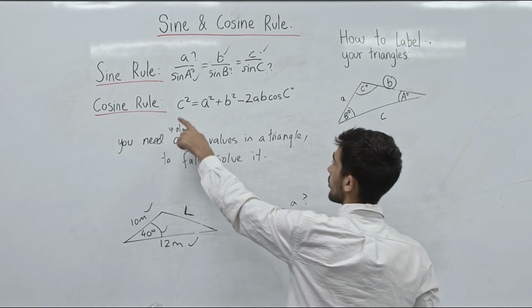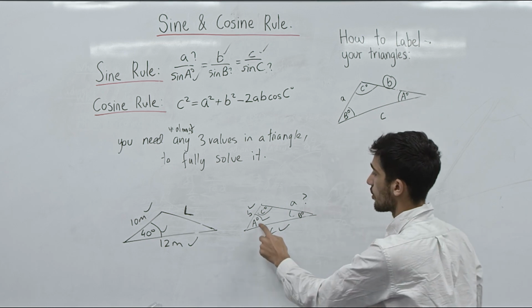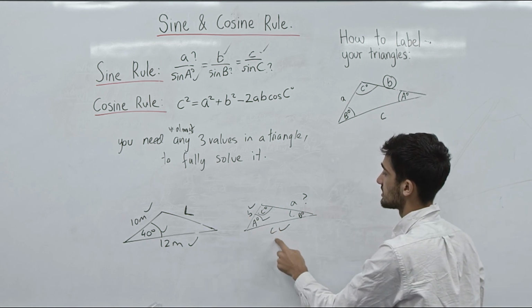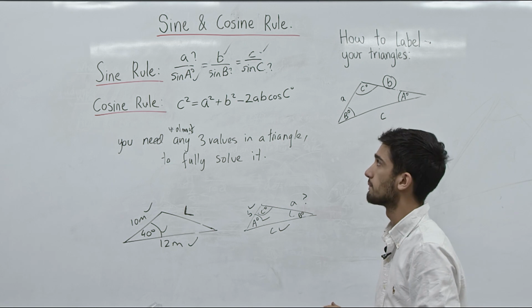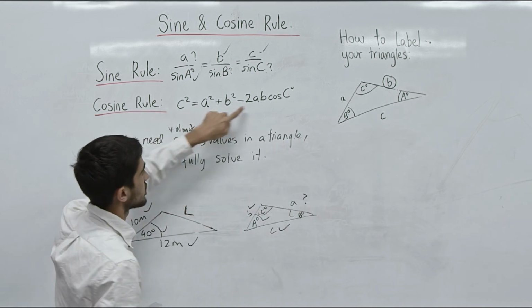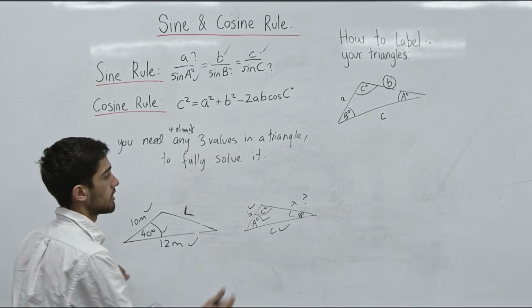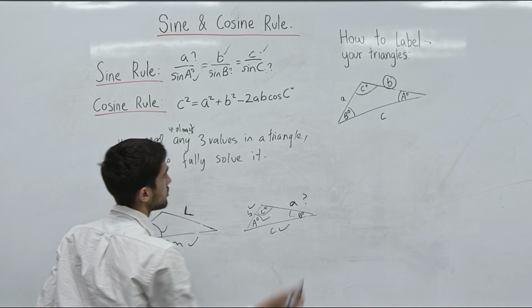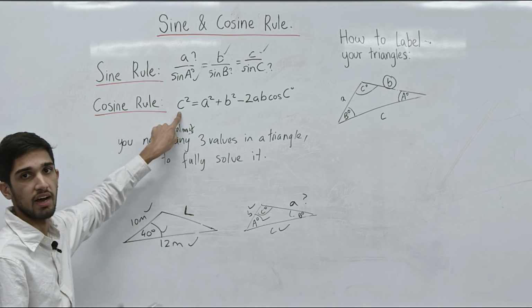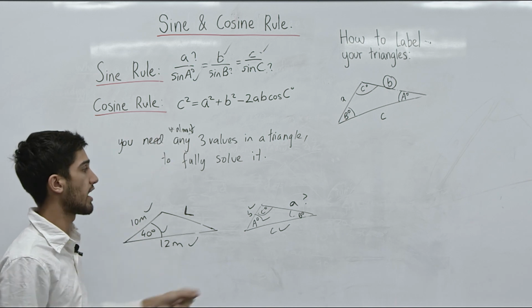But if you look at the cosine rule, we're very capable of solving this equation. We know A, B, and C, and we're trying to find the side length A. So we need to change this equation to the lettering that we've used. Typically, the cosine rule is set up to find C squared, but we can rewrite it for any letter.